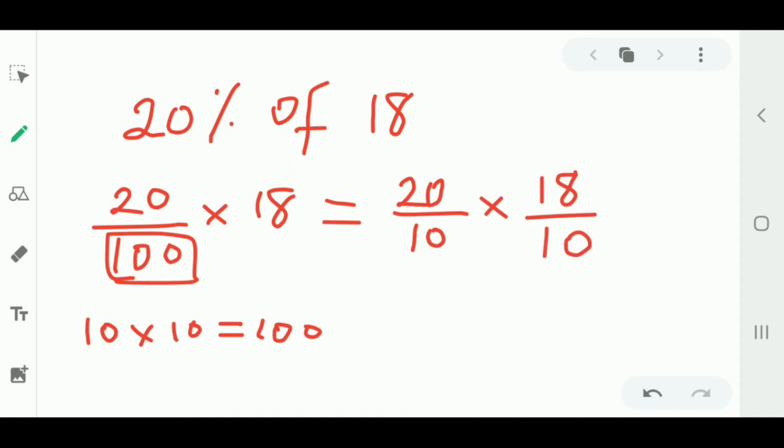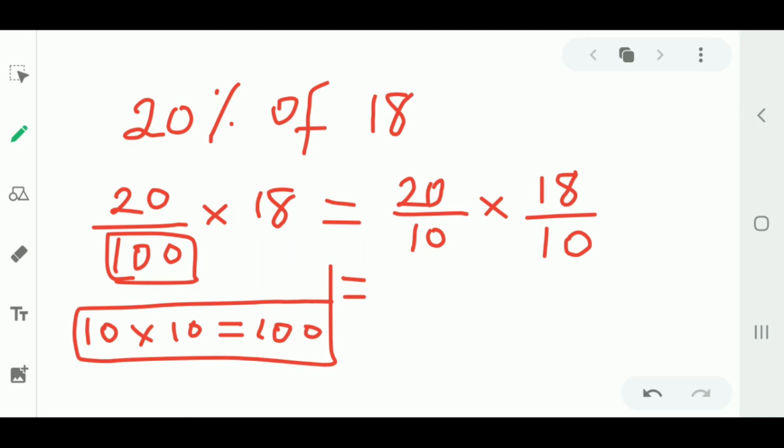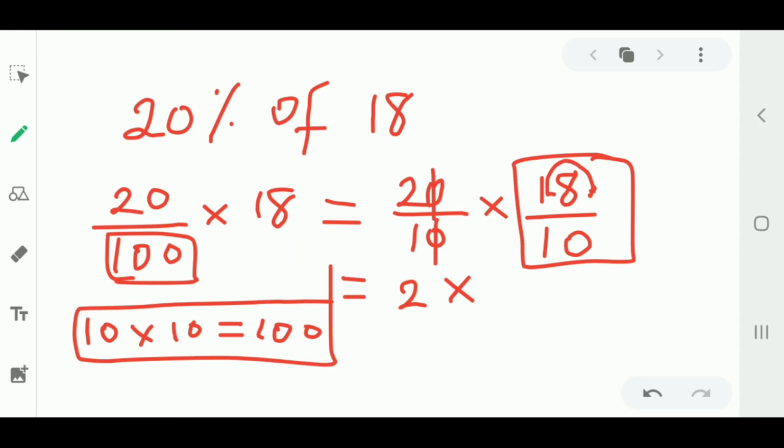If we divide both of these numbers by 10, this cancels this, and you will get 2 times... how we divide this by 10, there's a decimal point here at the end. Remember, if you don't see a decimal point, there's a decimal point at the end. And if you're dividing, you go to the left. So we go one place to the left because we only have one 0 for 10. So that would be 2 times 1.8, and 2 times 1.8 is 3.6.